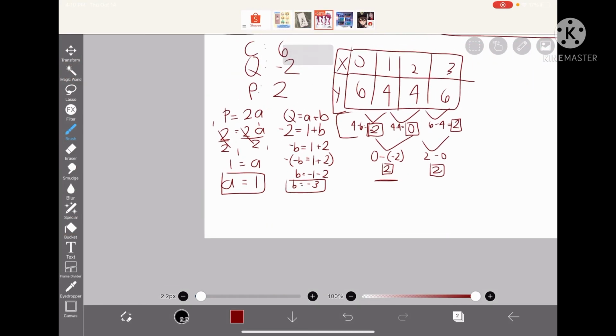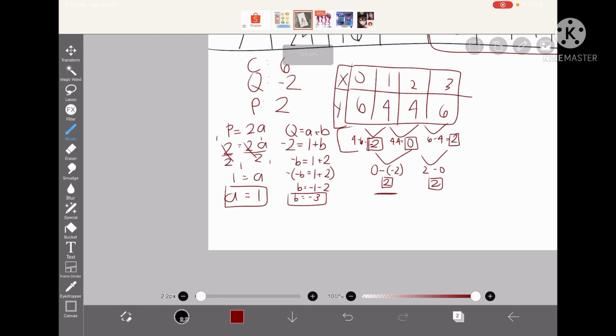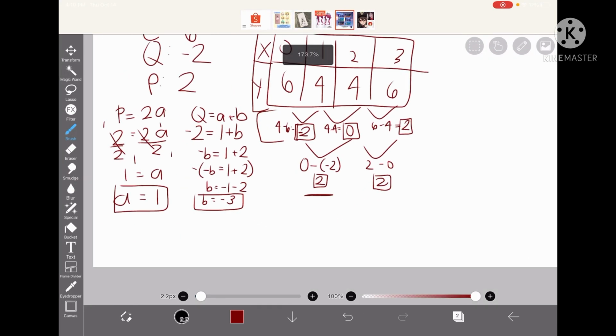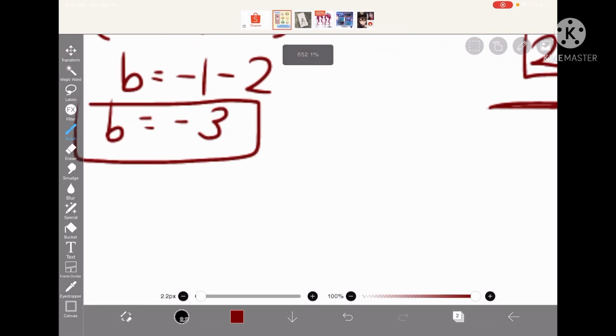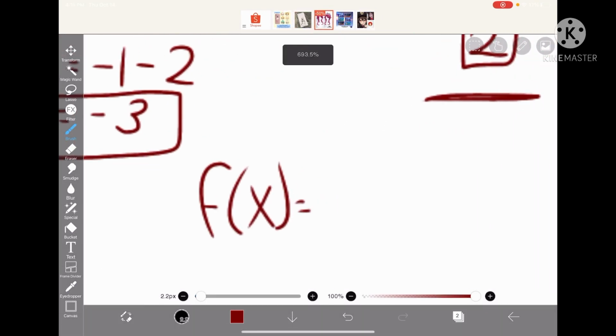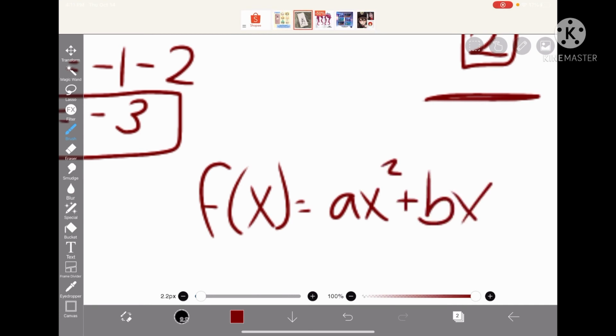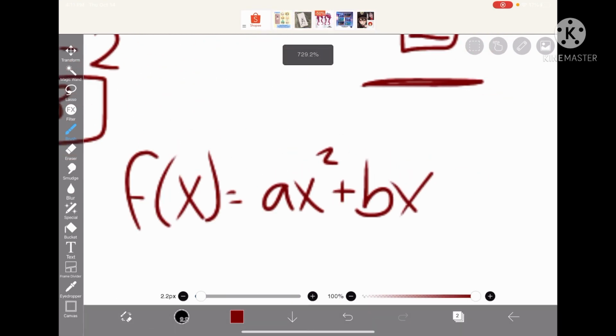Okay, now that we have found our values for A and B, let's plug them in. We have f(x) equals ax squared plus bx plus c.